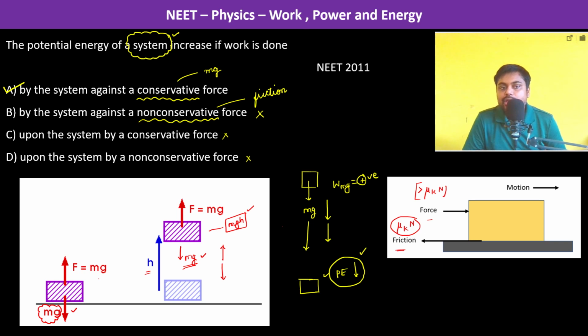So if work is done by the system, then of course the energy of the system decreases. If the conservative force does positive work, the system energy will decrease. If the conservative force does negative work, the system's potential energy will increase.